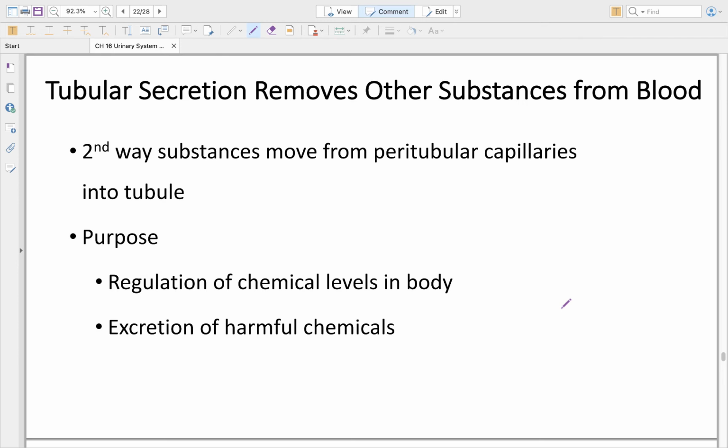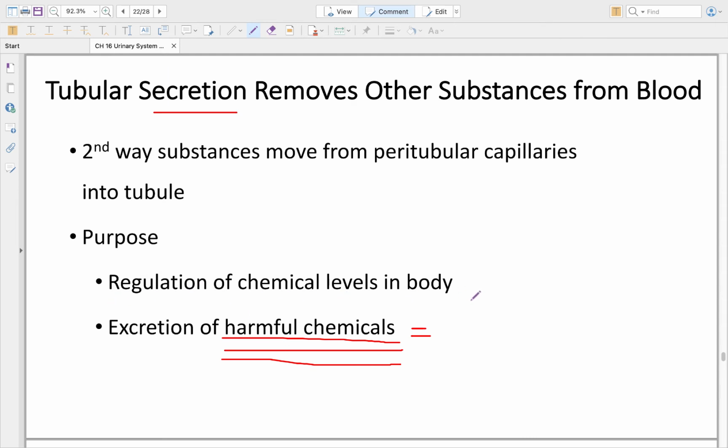Okay, so we talked about some of those things. Usually they're harmful chemicals. What they mean by harmful chemicals really is any drugs, right? Whether they are prescription or not, they will be secreted in this step into the urine if they are able.